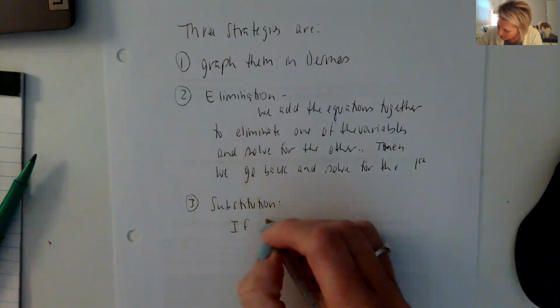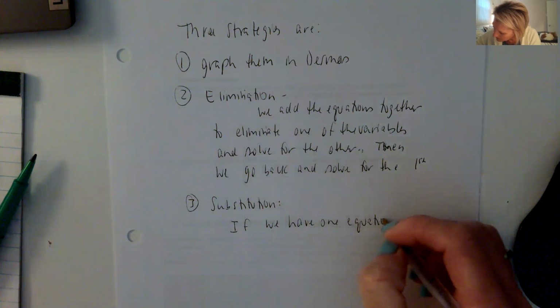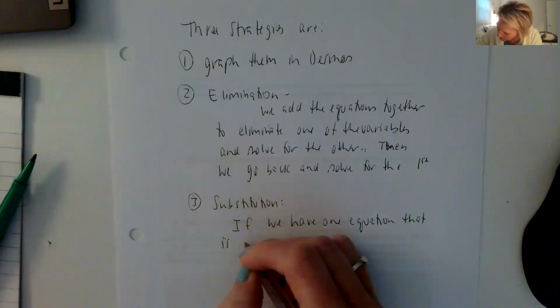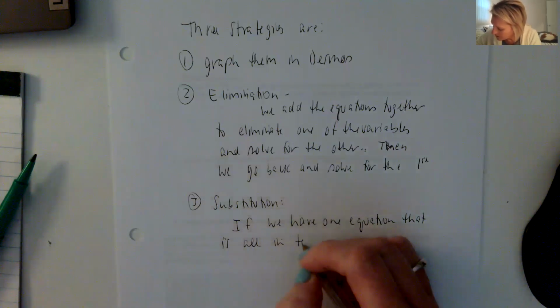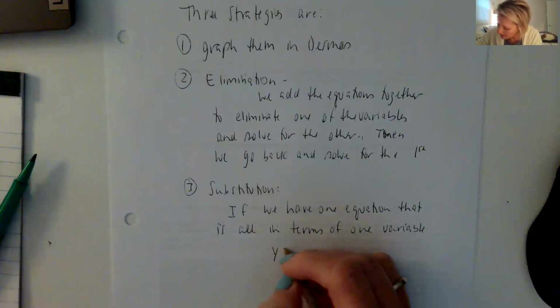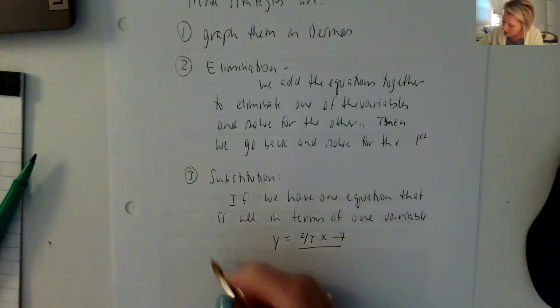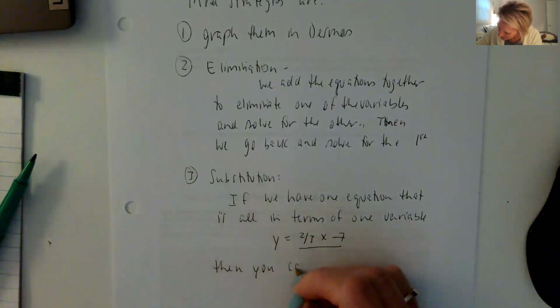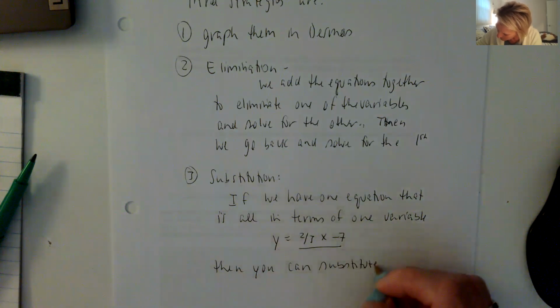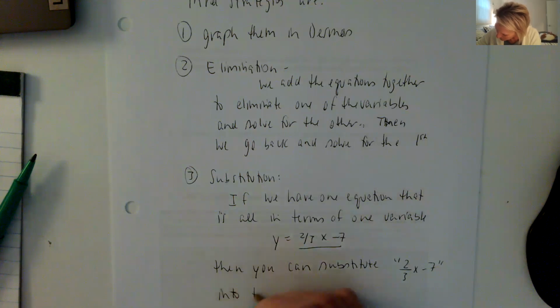If we have one equation that is all in terms of one variable, like y equals 2/3 x minus 7, where the entire recipe for y is on one side, then you can substitute the 2/3 x minus 7 into the second equation for y and find x.